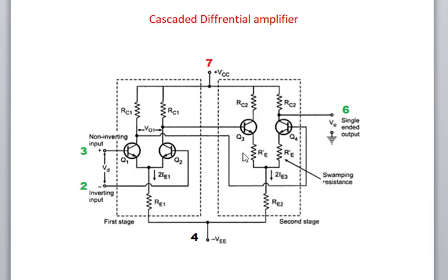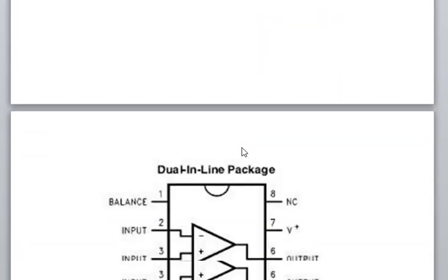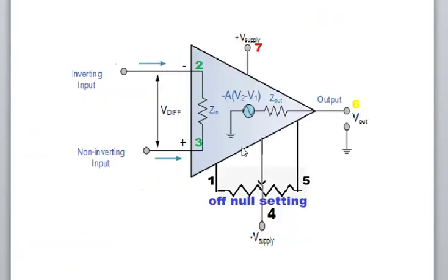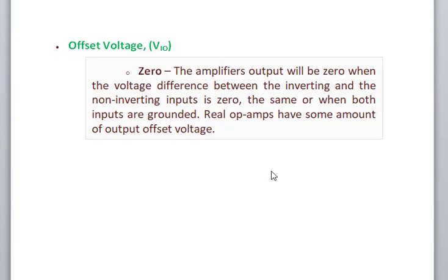Due to this reason, the amplifier produces an offset null voltage. This voltage is nullified using this potentiometer connected between 1, 4 and 5. This voltage is called offset null voltage. Some real amplifiers have some amount of offset voltage.